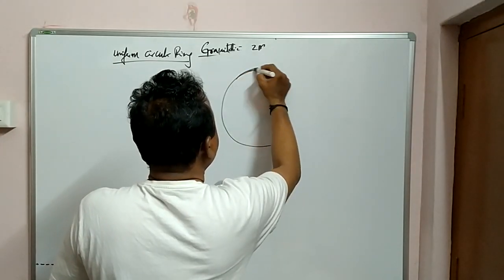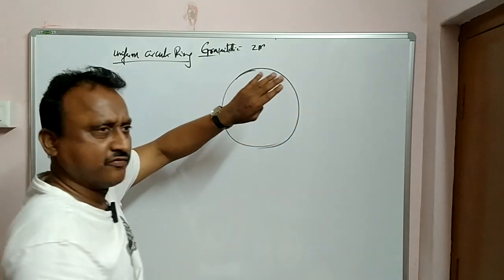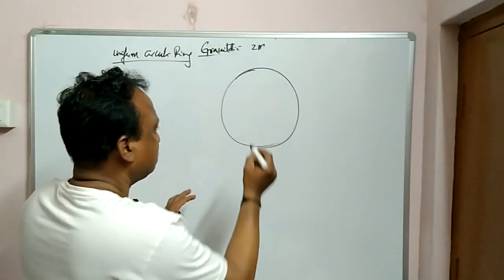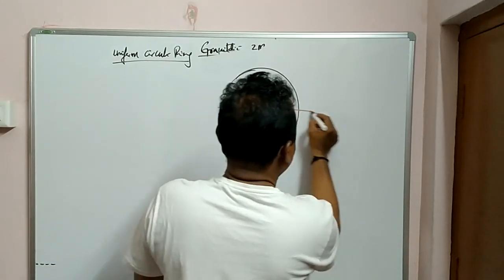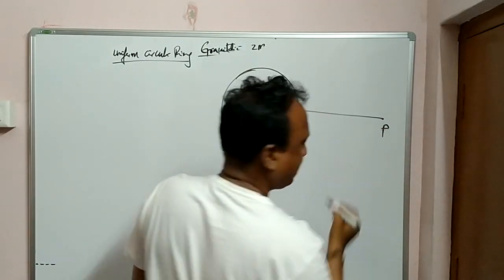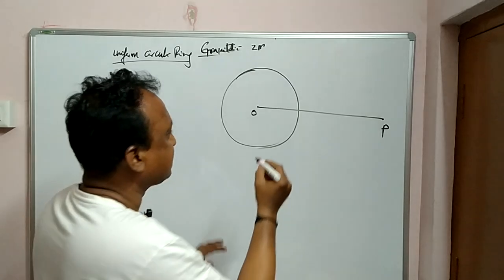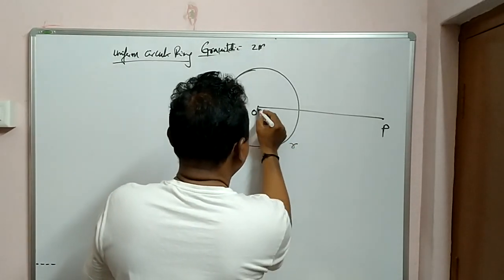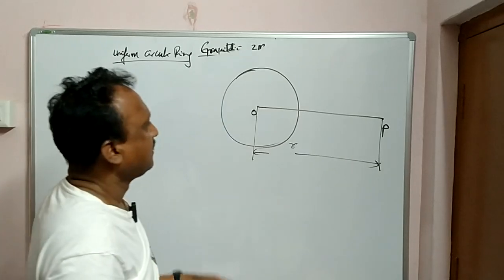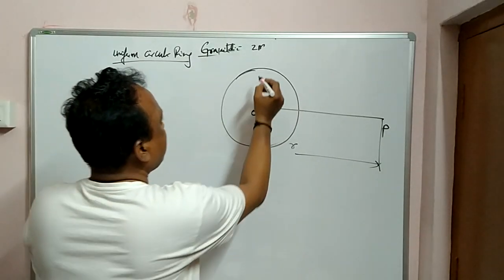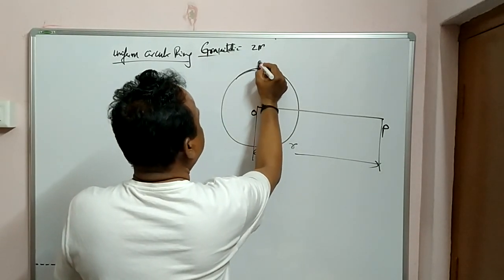You can see here, mass is distributed on a uniform circular ring. This is center point O. Now at a point P, which is at a distance, suppose, r. Let this distance be r. Now, for example, I will take some dm mass here.